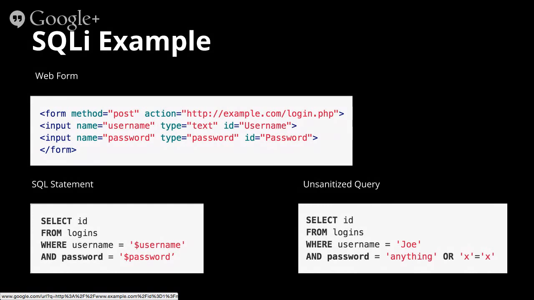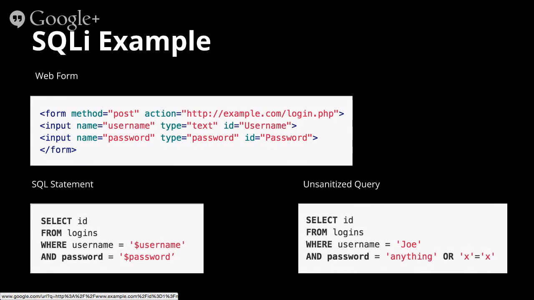So with an unsanitized query, if we want to take advantage of this, we're going to feed it Joe. Joe is our username. Could really be anything. That's fine. Nothing wrong with that. And then we're going to feed it anything as the password, which can really be anything. And then notice how at the end, we're not just closing it off.